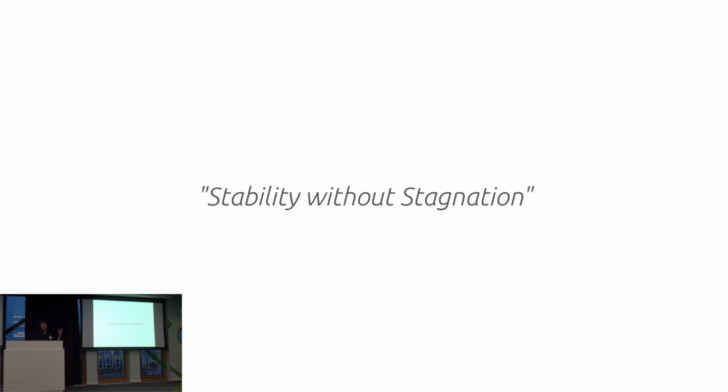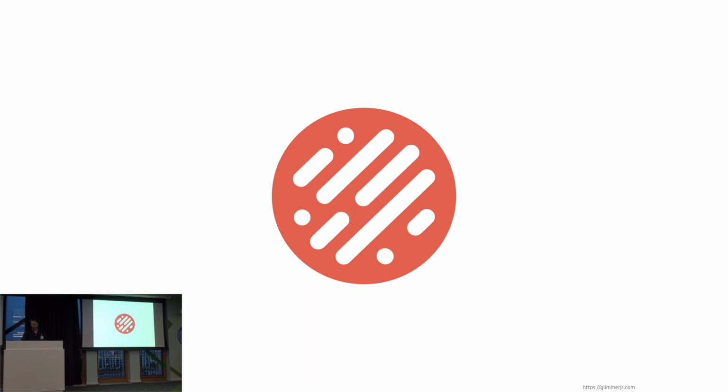So having talked about Glimmer VM, I now want to go back to Glimmer.js. And I think the first question is, what's actually the point of this? Why do we need this?